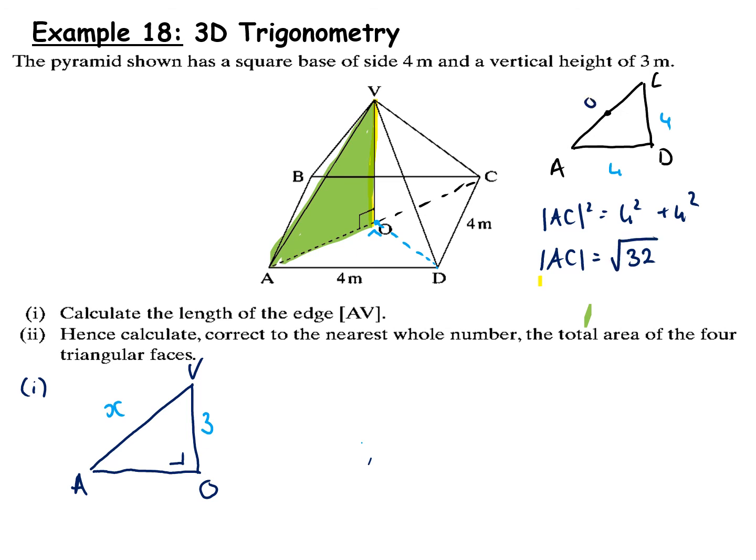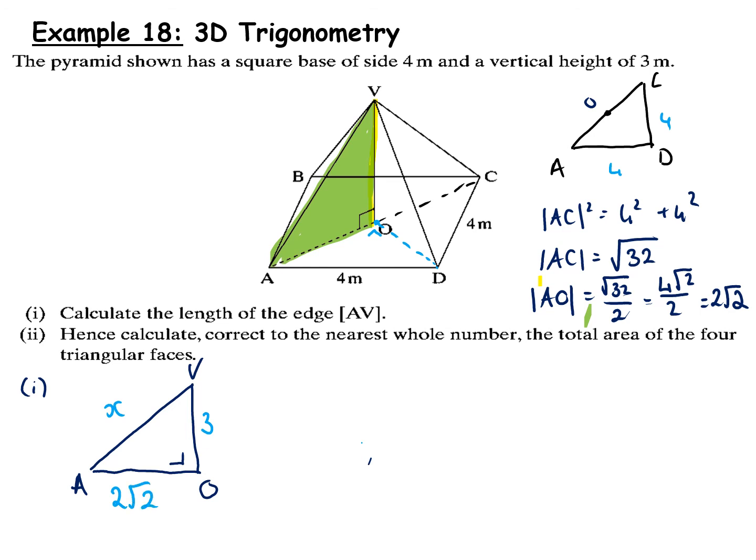Remember O is halfway, therefore AO is root 32 over 2. That's actually 4 root 2 over 2, which ends up being 2 root 2.